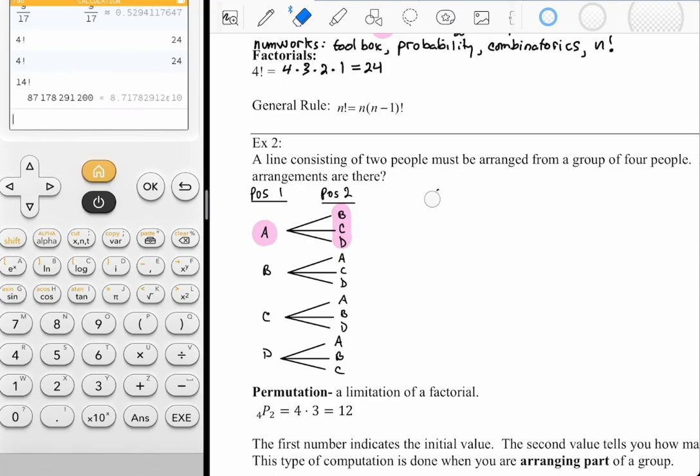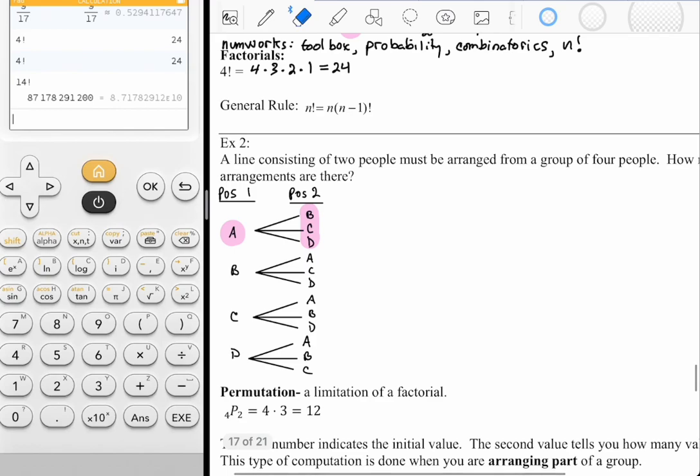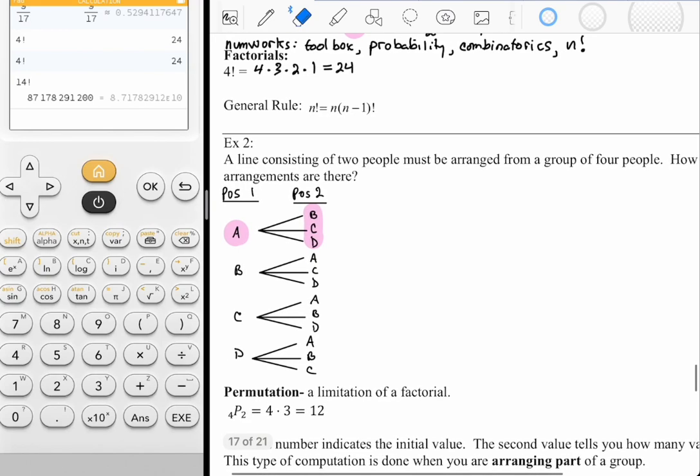Now we have a line. Now, it's not much of a line, but we have a group of individuals, 2 to be specific, from the available group of 4, right? So here we just did the 4 times the 3 to get the 12, right?